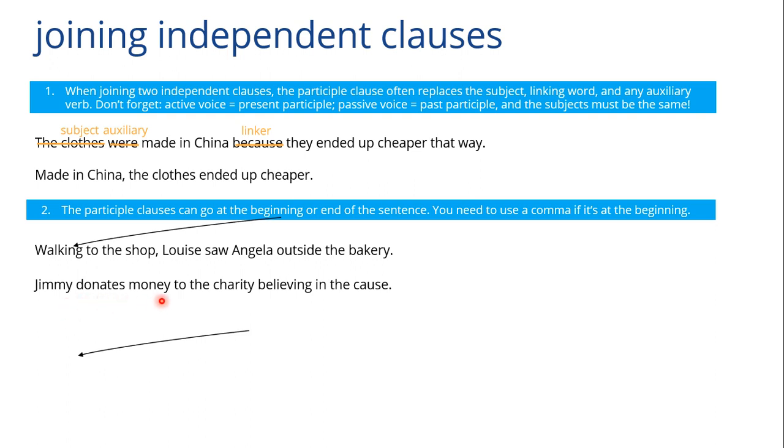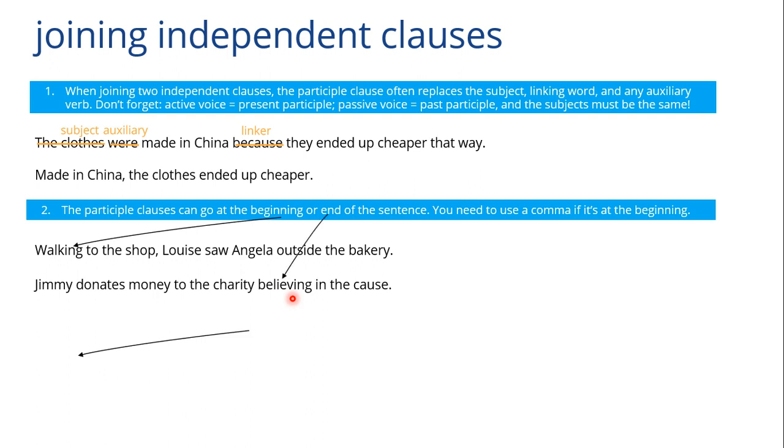Jim donates money to the charity, believing in the cause. Who believes in the cause? That's Jimmy. Who donates the money? That's Jimmy. The meaning here is believing and donates money, the same subject, but here believing is the present participle, and the position is at the end of the sentence.